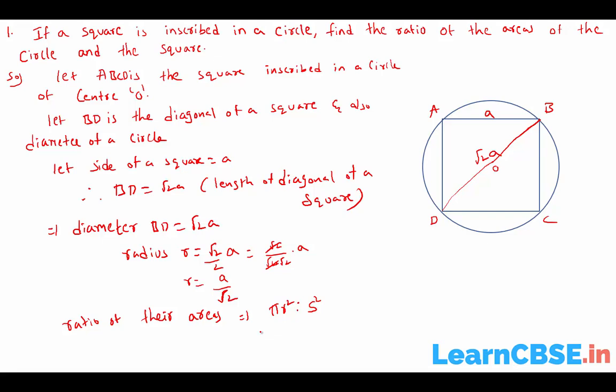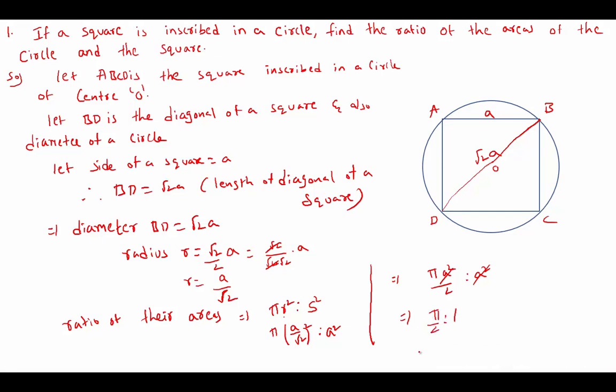Now in the place of r, a by root 2, so pi into a by root 2 whole square is to square side is a square, then you'll get pi a square by 2, a square. Root 2 whole square means square and root will cancel, a square will cancel, then pi by 2 is to 1 or pi is to 2. This is the ratio of the circle to the square which is inscribed in the same circle. Going for the next question.